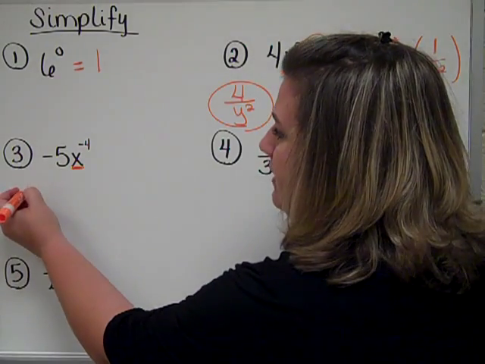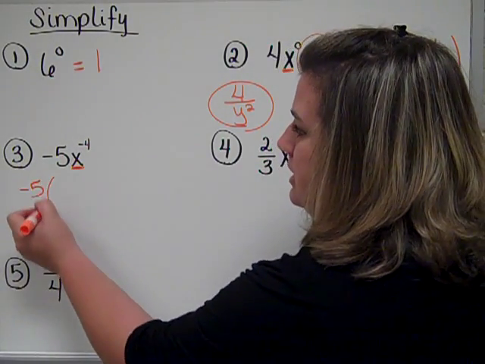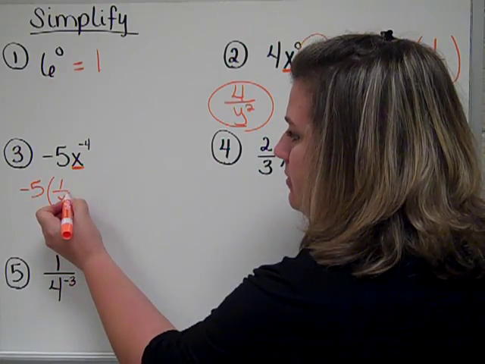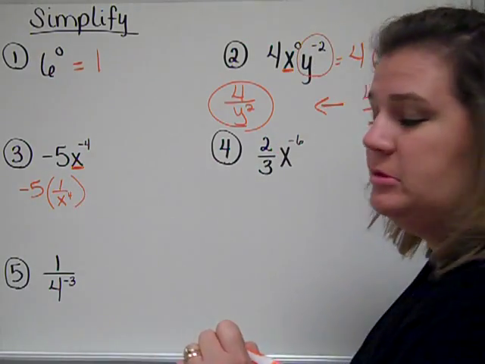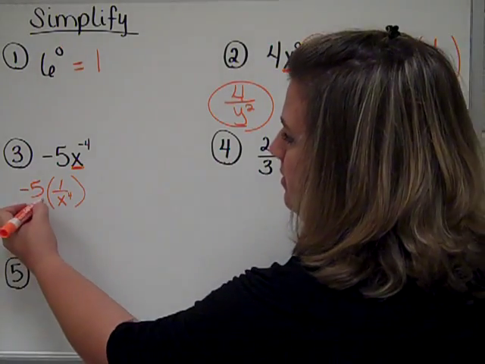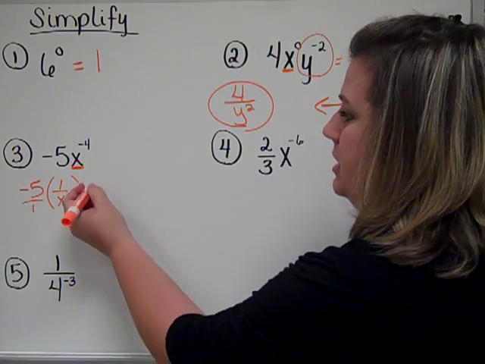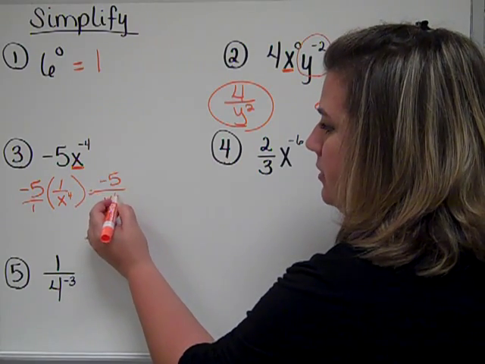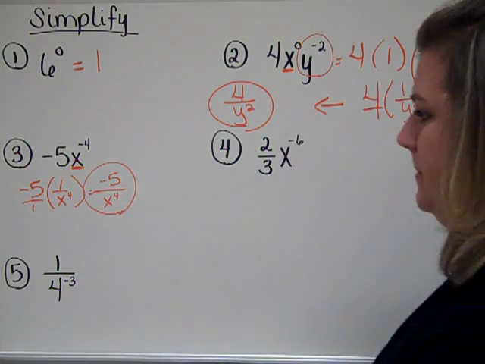So this negative 5 is just going to come along, and we're going to take the reciprocal because I have a negative exponent. That exponent now becomes positive. All right. Let's go ahead. We're going to multiply straight across. So it gives me negative 5 and then x to the 4th on the bottom.